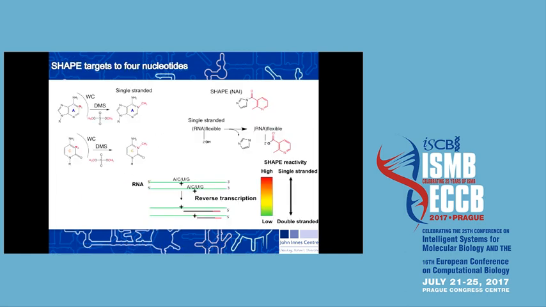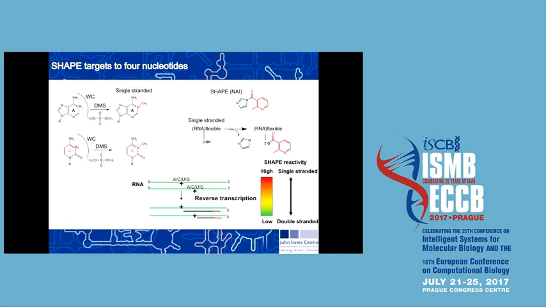Along with dimethyl sulfate, we have another chemical, synthesized by Eric Kool's lab and also Howard Chang's lab at Stanford. It's called SHAPE. It has a different chemistry. Dimethyl sulfate works on the nucleotide base, but SHAPE works on the acylation of the 2' hydroxyl group, making a big block on your RNA.